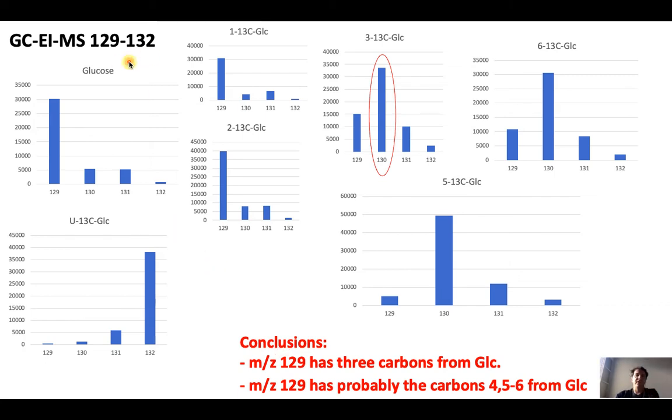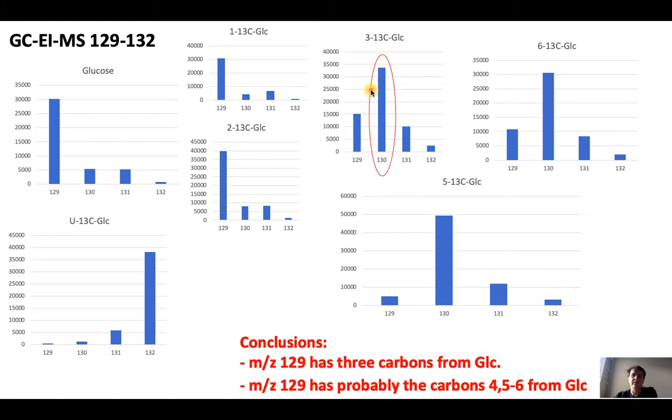This is for the fragment 129. So glucose is non-labeled and glucose is fully labeled, so it means that it has 3 carbons labeled. When you check here, we see an increase in the carbon when you have the glucose labeling the carbon 4 and the carbon 6, and also in the carbon 3.